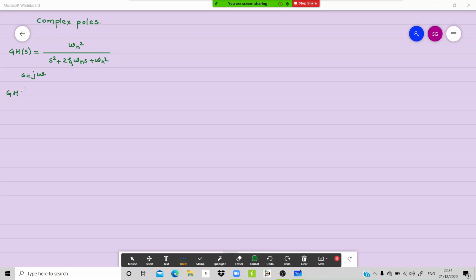So G H of j omega is equal to omega n square upon (j omega) whole square plus 2 zeta omega n j omega plus omega n square.